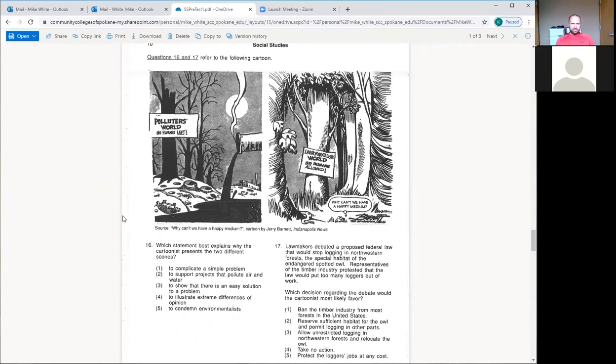Looters world, no humans left. On the right side, there's a forest with a sign that says environmentalist world, no humans allowed. Okay? And then the little bubble down on the bottom says, why can't we have a happy meeting? I think that's pretty straightforward of kind of the picture that they're painting and the cartoonist's point of view, right?